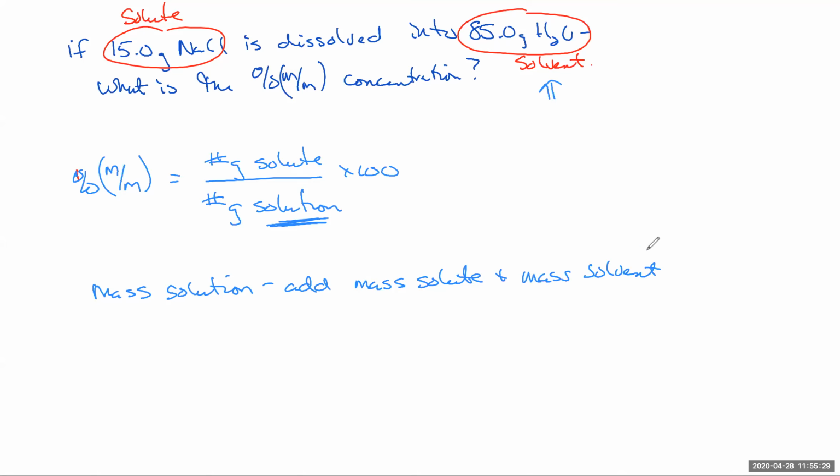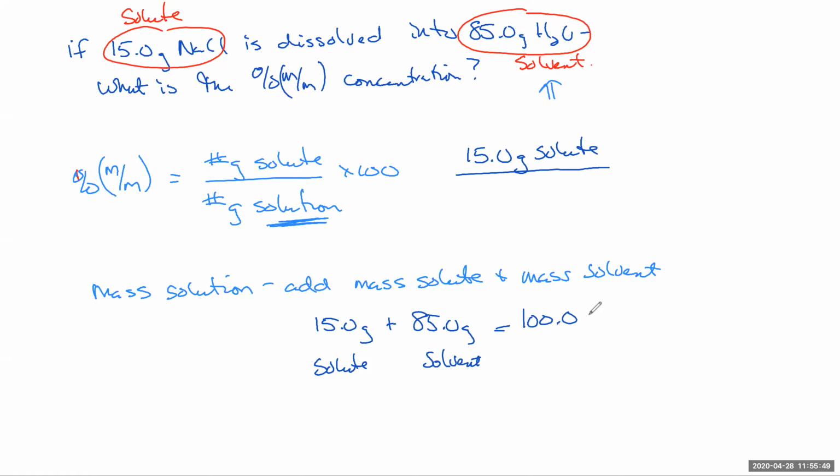And so in this case, my solution is going to be 15.0 grams of solute. That's my sodium chloride. And I'm going to have 15.0 grams plus 85.0 grams. This is solute. This is solvent. And I'm going to have 100 grams of solution.